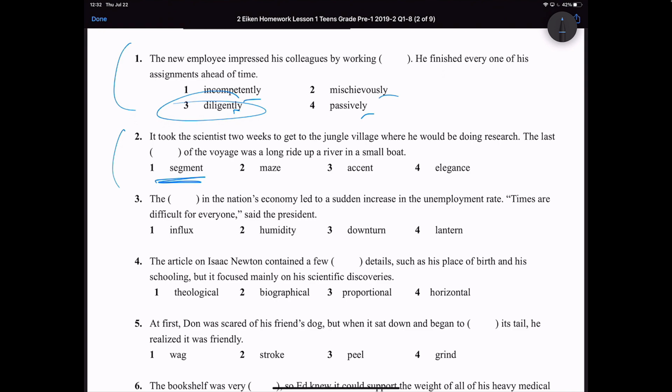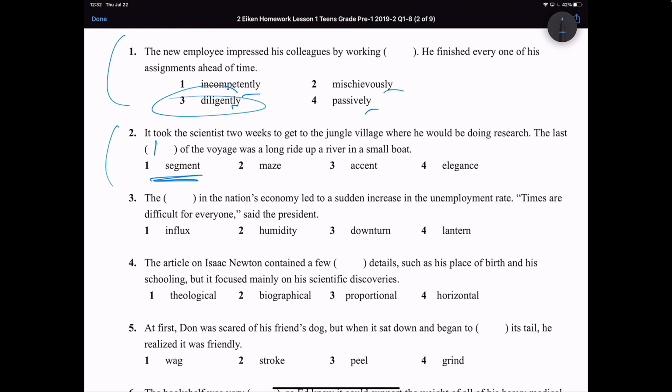If I had heard the word leg, I would have thought, aha, leg of the voyage, that's idiomatic language. We can play around with that. We can get the kids curious about that. But really, segment is a standalone vocabulary word. They're clearly focusing for both of these first two questions on vocabulary.